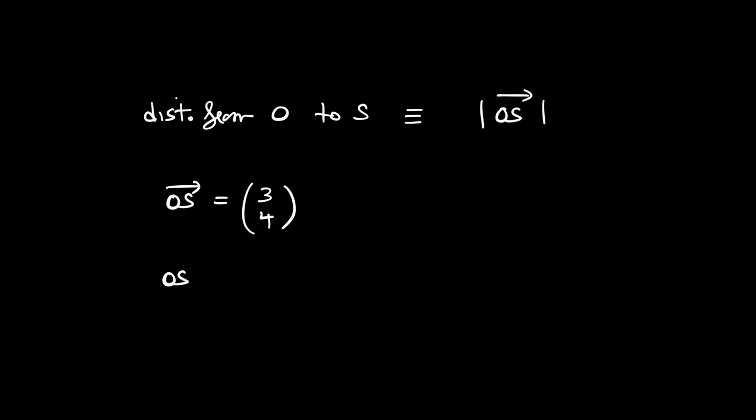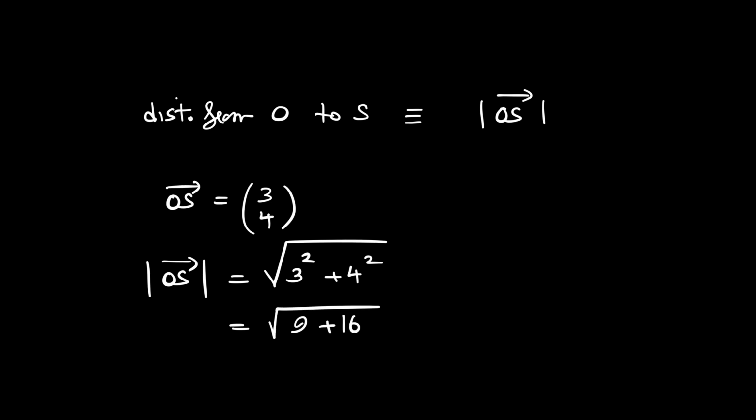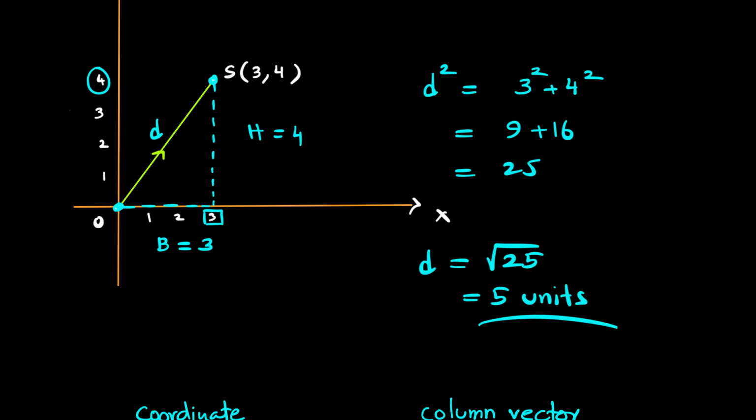So magnitude of vector OS is simply 3 squared plus 4 squared, add it all up and then take the square root. This is 9, this is 16, add it up, take the square root, which is square root of 25, which comes out to be 5 units. This is the same answer that we obtained earlier as the distance between the points O and S.